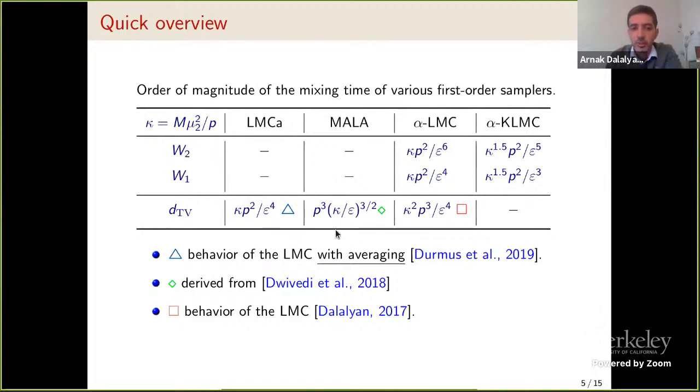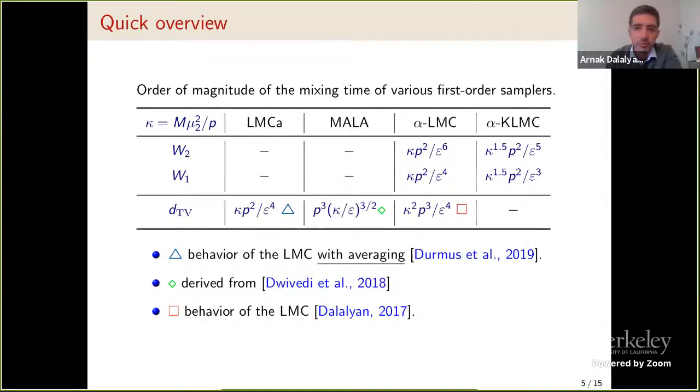For MALA, there is this second column, which is derived from the paper by Dwivedi et al. I should mention here that the speed is very good, especially the dependence on epsilon is better than all the others. But this result comes without explicit constants, and if we try to obtain constants there, they are really very large.